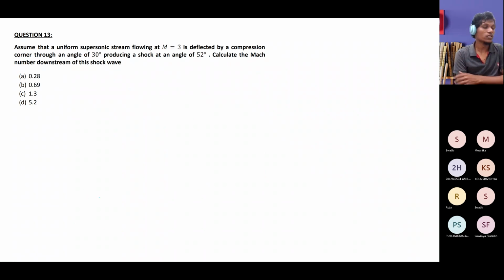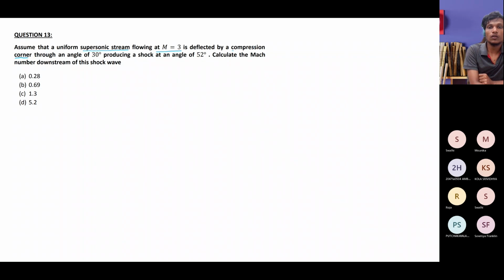Let me read the question and then we can move forward. This question is stating: assume a uniform supersonic stream. Again, we are doing a shock wave problem, but it is not a normal shock wave, because nowhere is it mentioned as a normal shock wave. We have a uniform supersonic stream with a Mach number around 3, deflected by a compression corner.